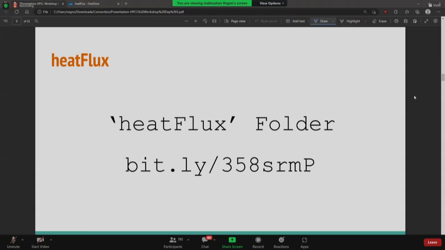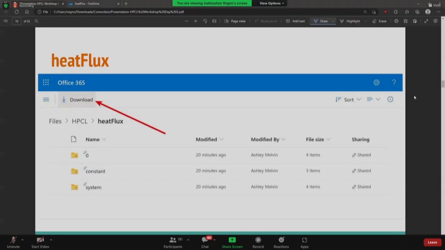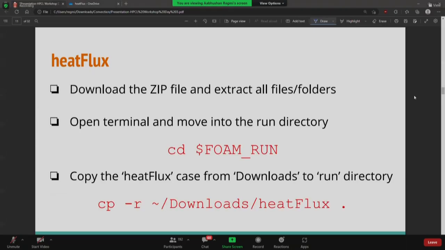So right now we will just carry on with the lecture. So yeah, again, if you click on the download, you will be able to download. You have to extract a zip file. Now, if you download the zip file and extract all the files, you can either copy it to your run directory, or if you are using VirtualBox, you can just use this command and go to the downloads.